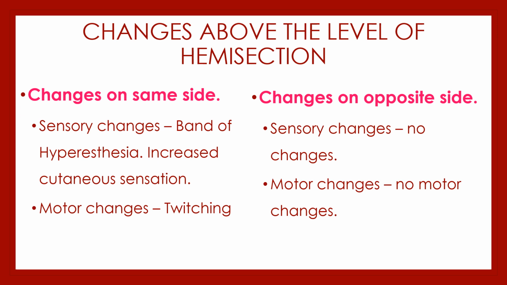So motor changes, there will be twitching of muscles in the upper segments on the same side. So this is due to the irritation of the neighboring anterior nerve roots, so above the level of the injury.